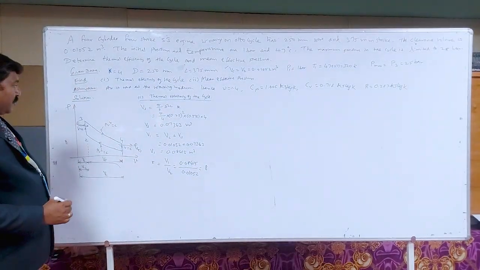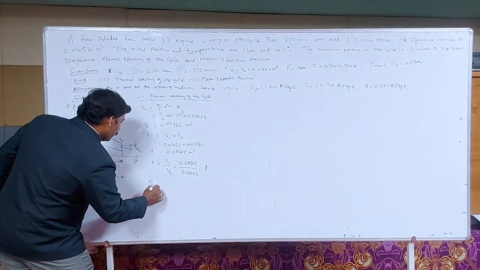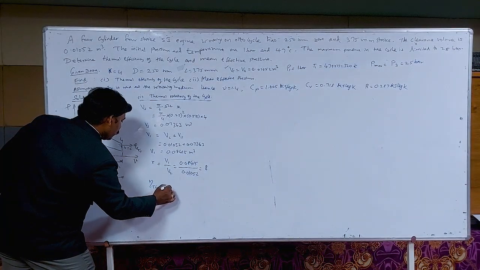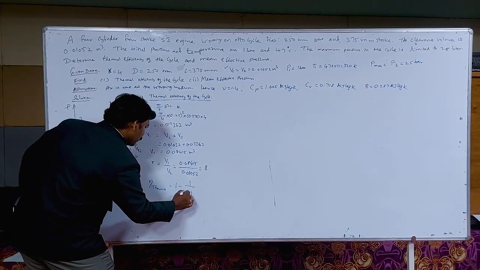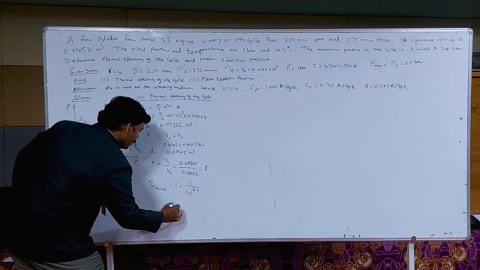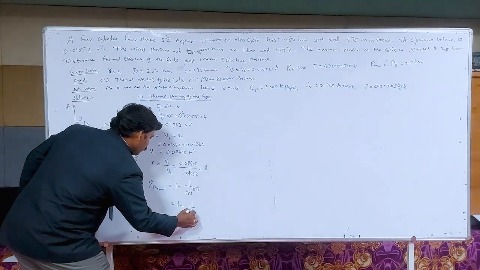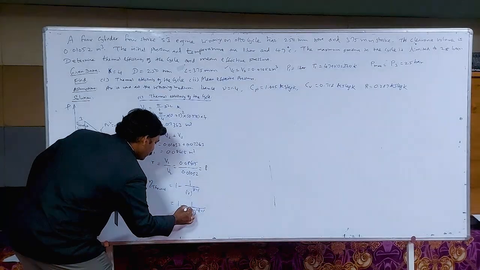Once we get compression ratio, then we have to find out the thermal efficiency. The thermal efficiency of an Otto cycle is equal to 1 minus 1 by r power gamma minus 1. So we know the compression ratio is 8, 1 by 8 power 1.4 minus 1.